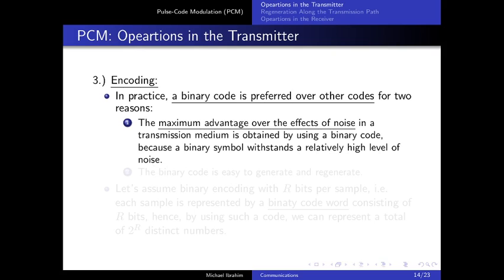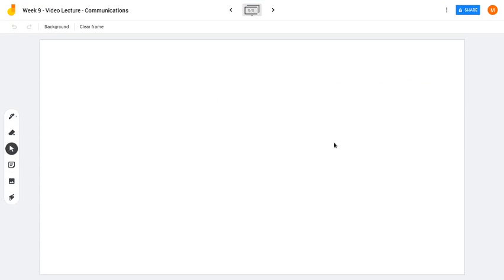Let's move to our whiteboard over here and assume that we have a binary signal where we have only two amplitudes, 0 and 1. Let's say that one voltage level is 0 and the other voltage level is 5 volts, so 0 and 1. And let's assume that we have noise that's superimposed on this signal.